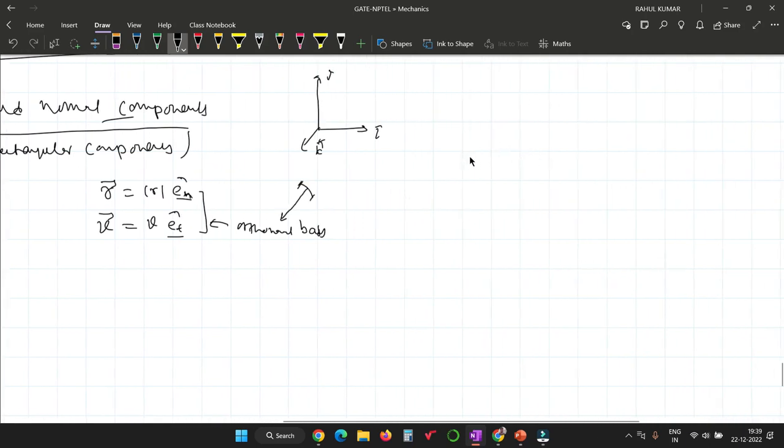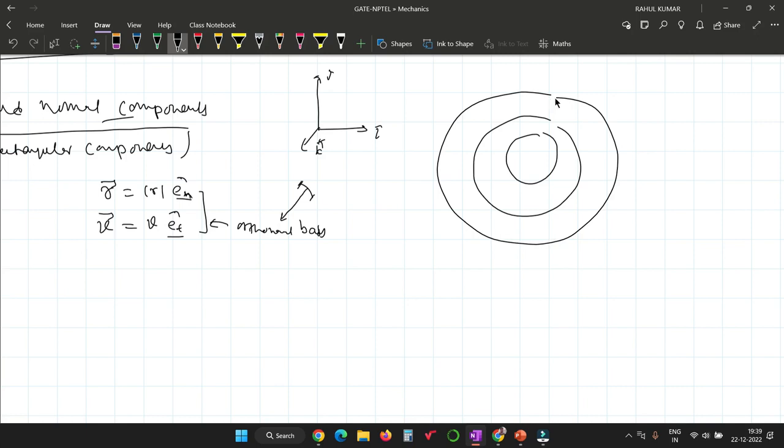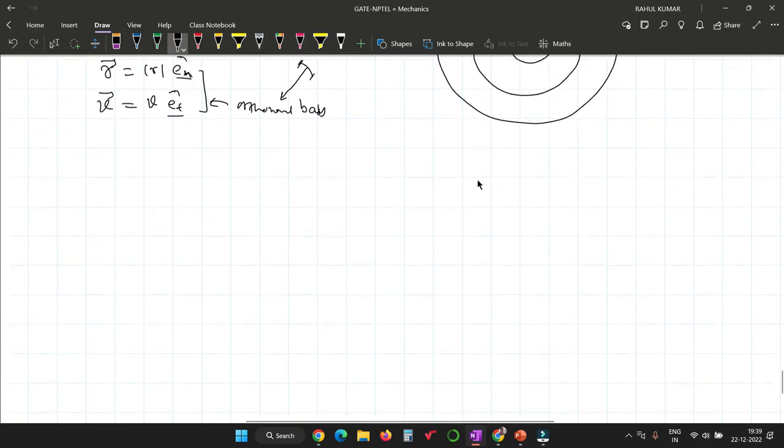In polar coordinates, actually, the r changes. The system is like this, but the curvilinear is like this; it is not following any straight line.